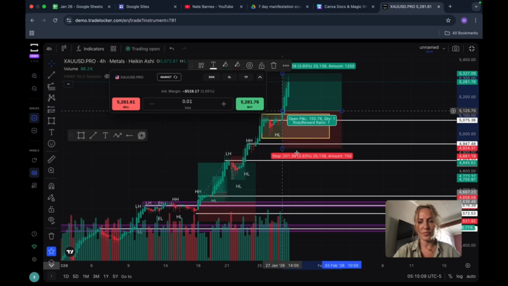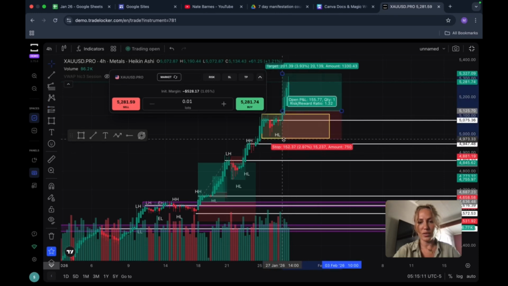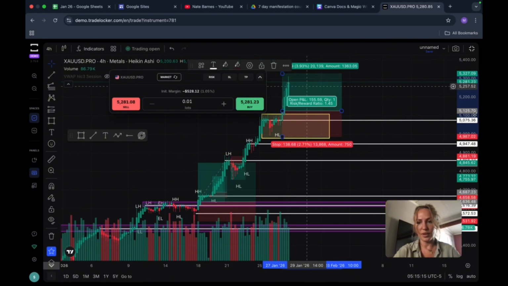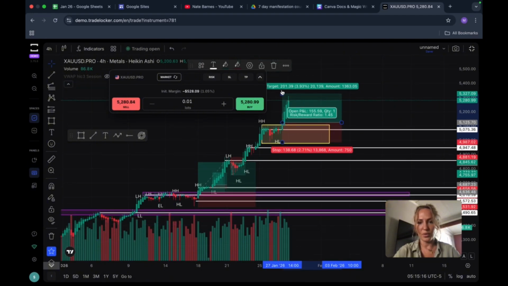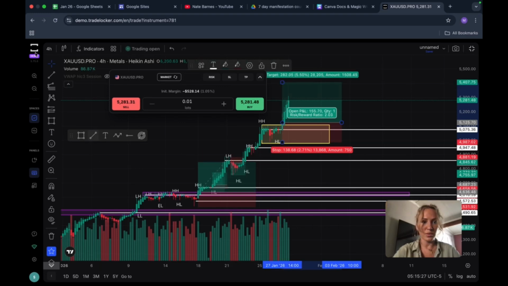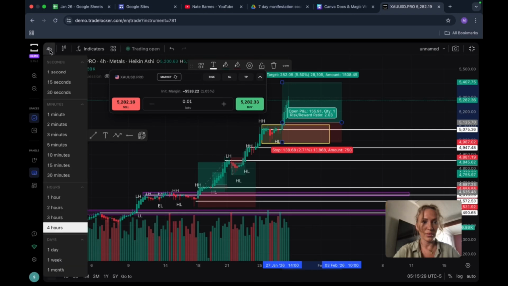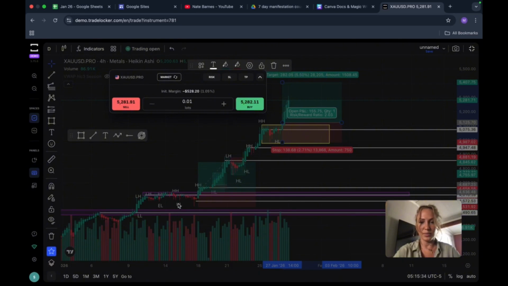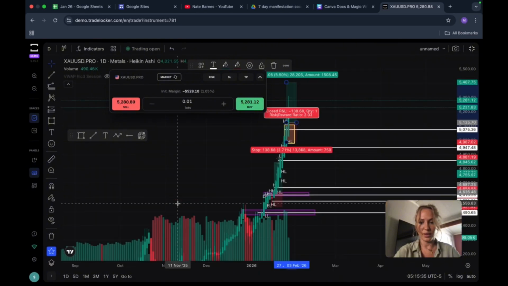So you can leave your stop loss under the last higher low, and definitely go for 1-to-2 ratio. If you want to go to 1-to-3, it is possible, but what I would do is, if you have the margin, of course, go to 1-day chart and see where was the previous higher high.